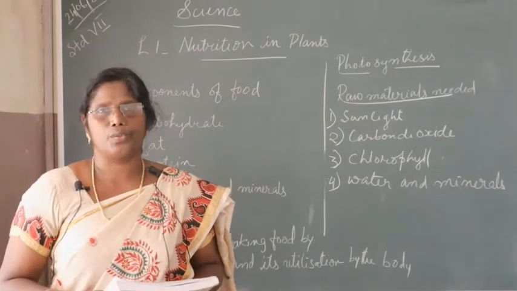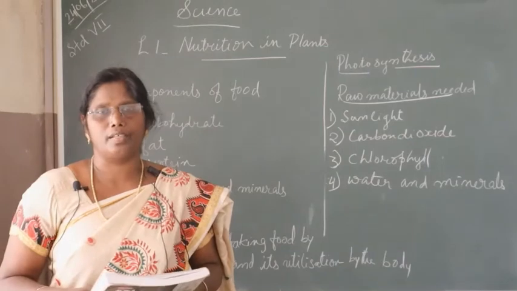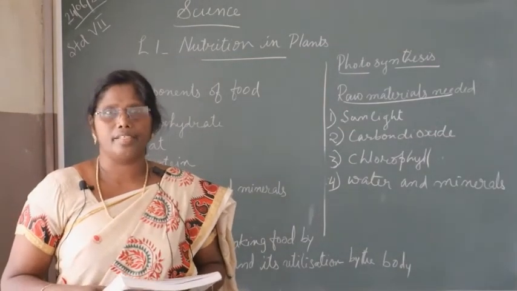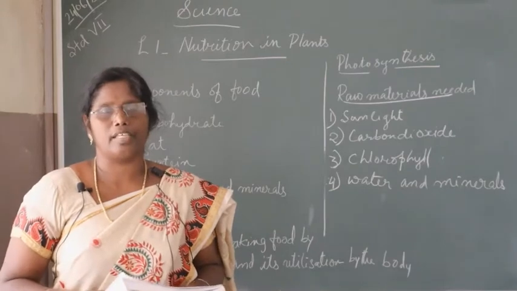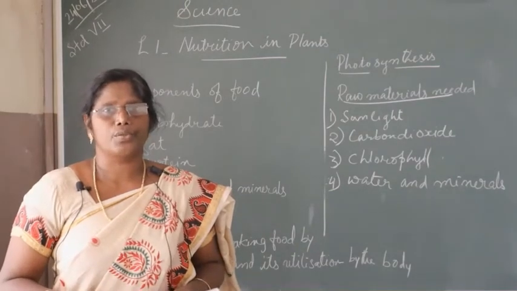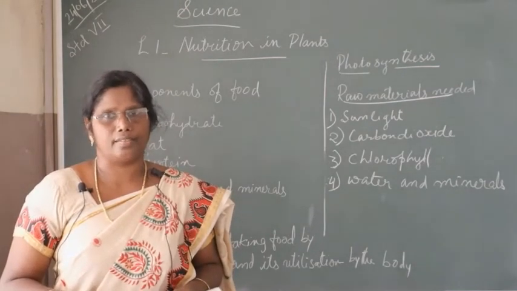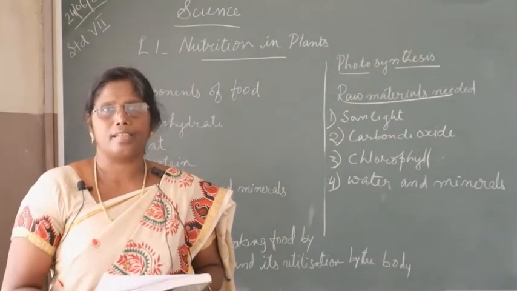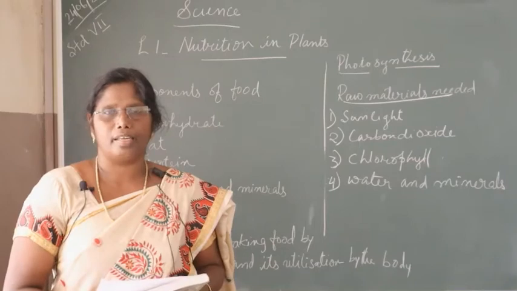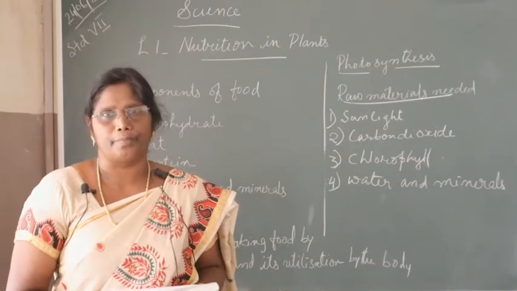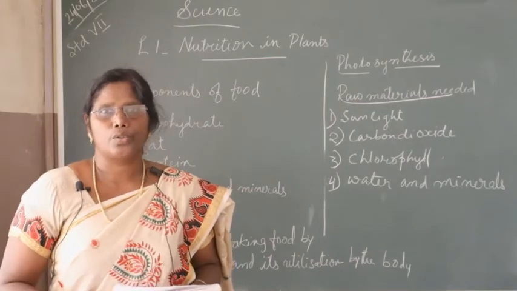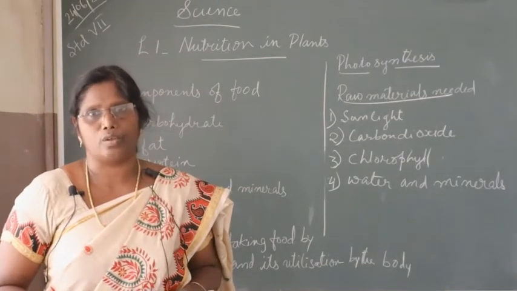This energy is used to synthesize food with the help of carbon dioxide and water. This process is carried out in the presence of sunlight, so it is called photosynthesis. During photosynthesis, the sun's energy is trapped in the leaf in the form of food. So the sun is the ultimate source of energy for all living organisms.